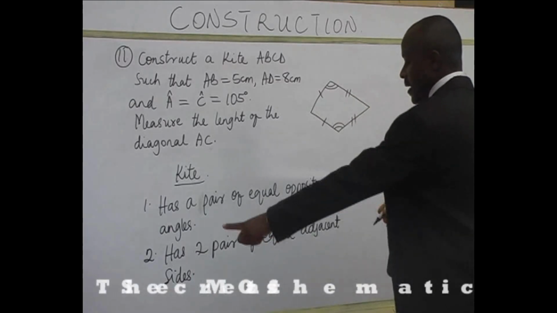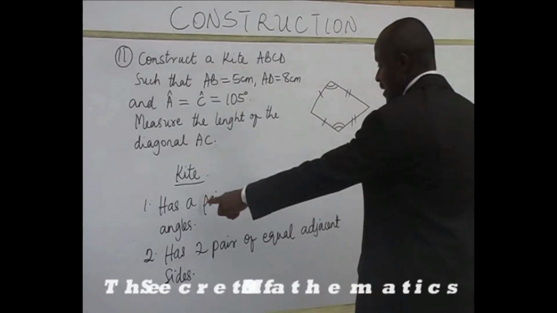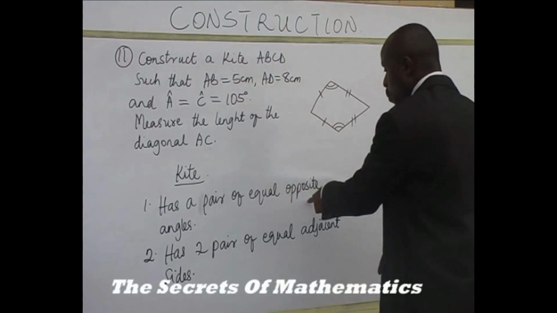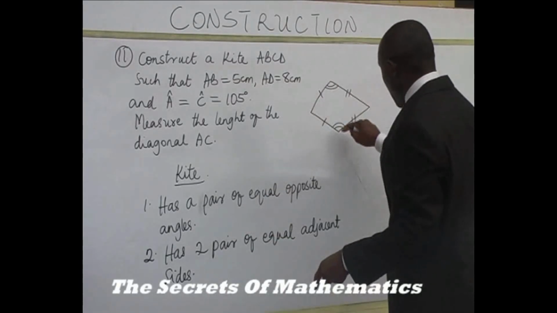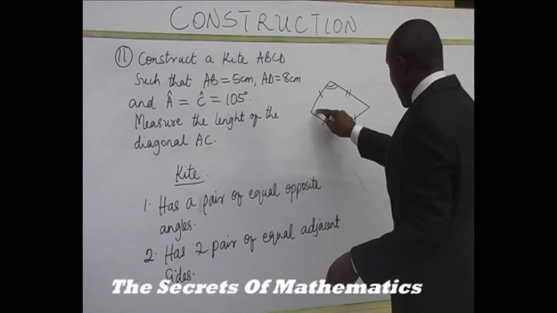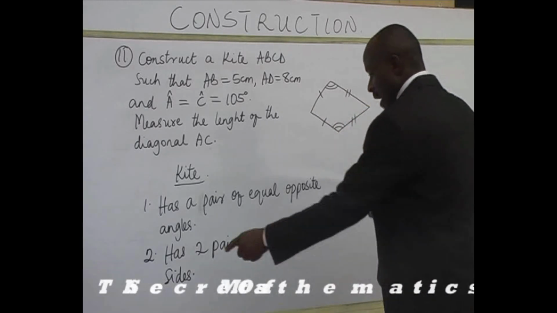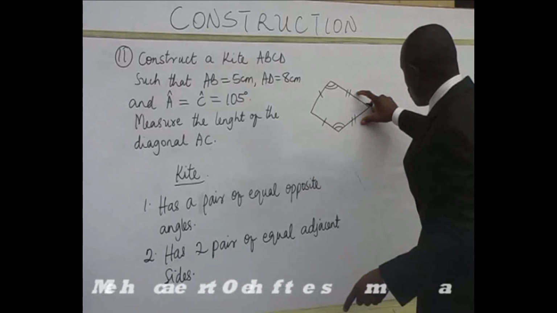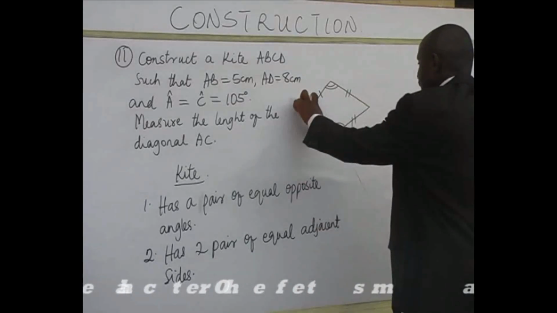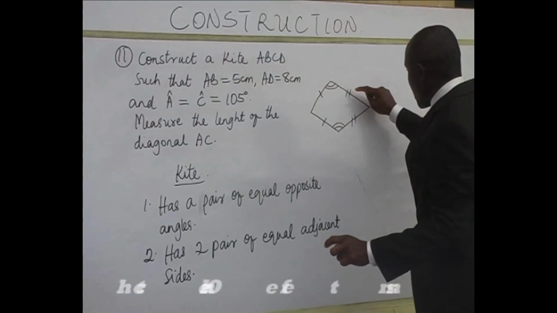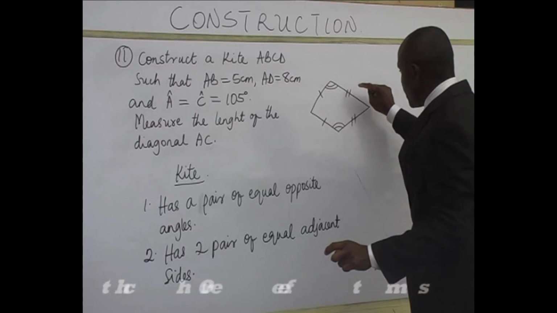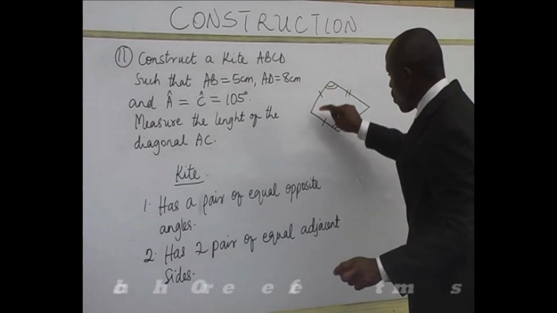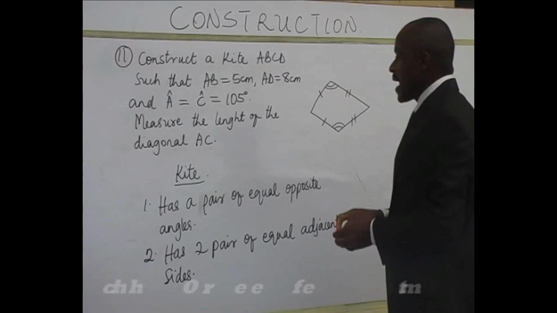That was exactly what I have represented here. That has a pair of equal opposite angles. Only a pair of equal opposite angles. This angle is not equal to this angle. And that it has two pairs of equal adjacent sides. It's only this side that is equal to this side, and this side is equal to this side. That is the kite.